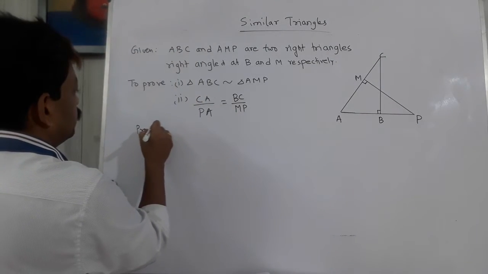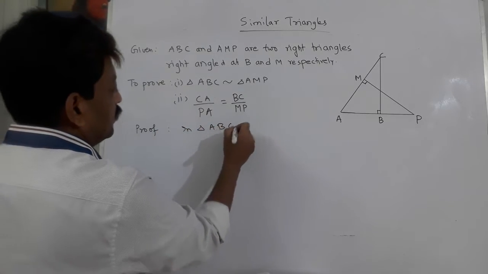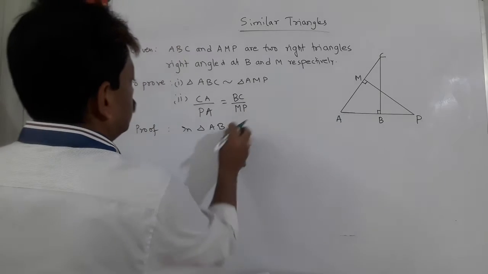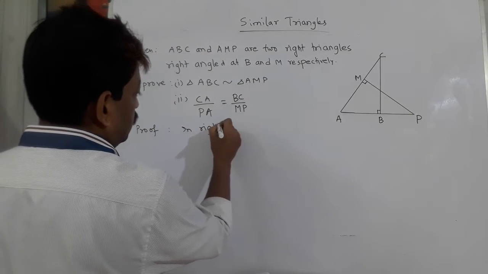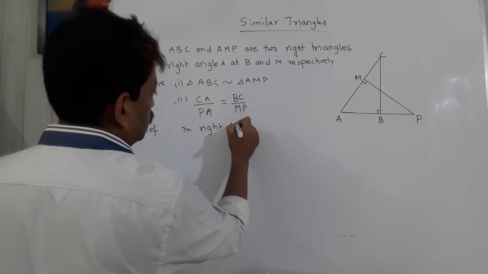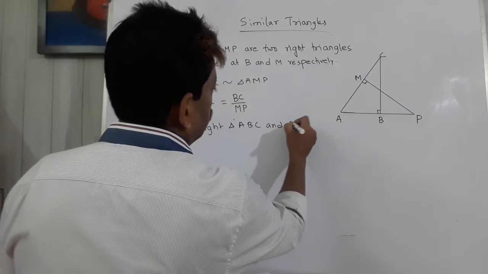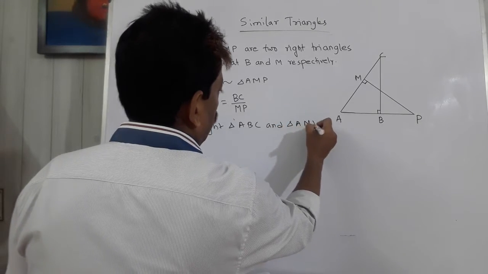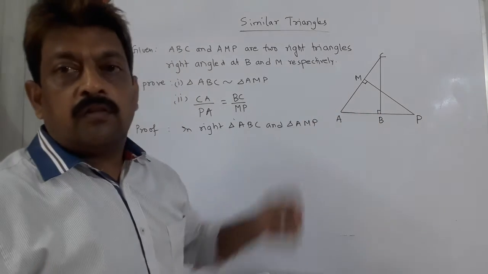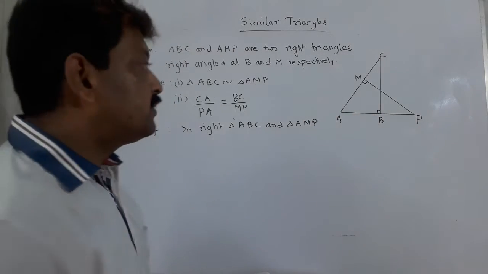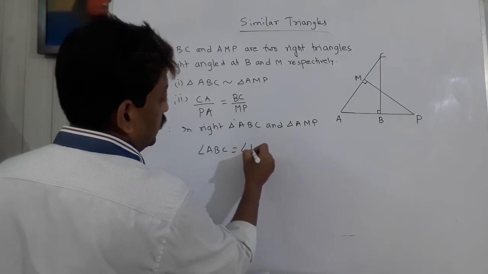Proof. If they are right triangles, I have to write, in right triangles ABC and AMP, what are the things equal given here? As you can see from the figure, they are right triangles, so already one angle is equal. Angle ABC is equal to angle AMP.